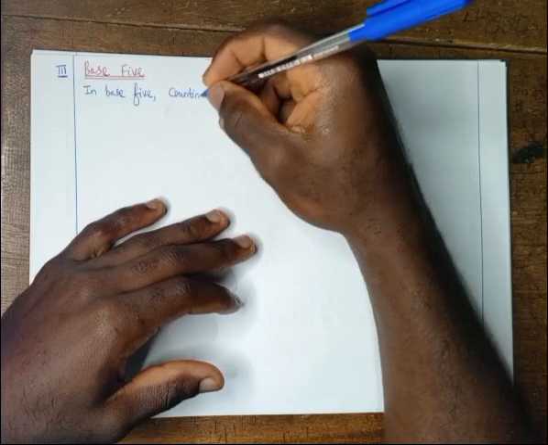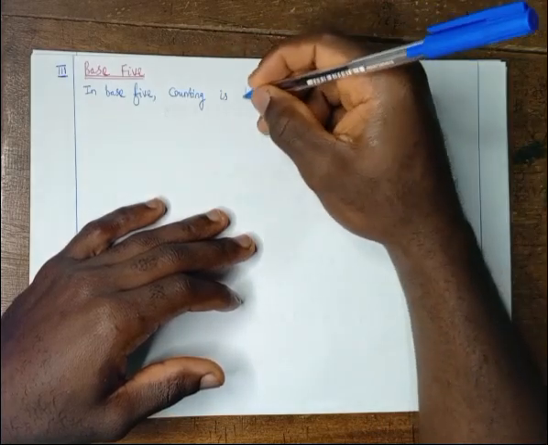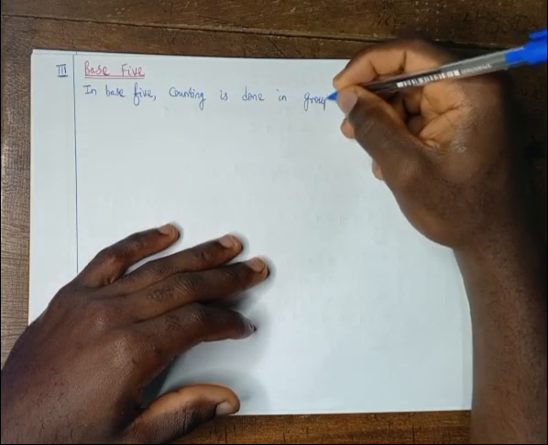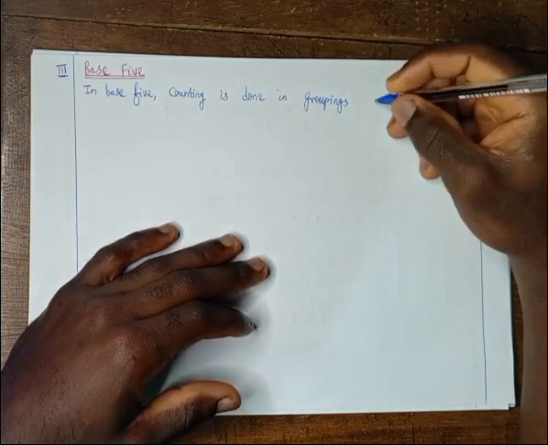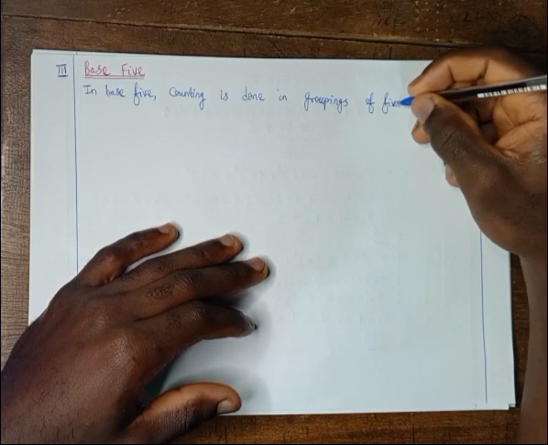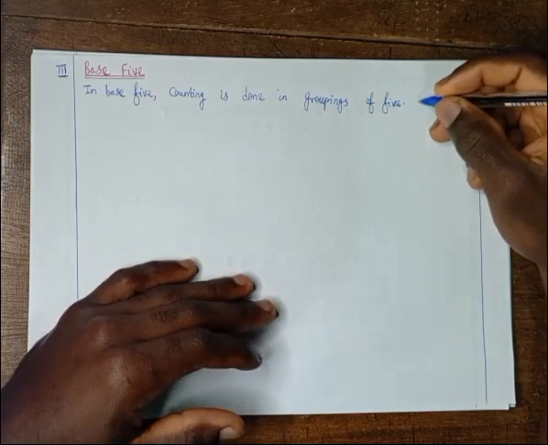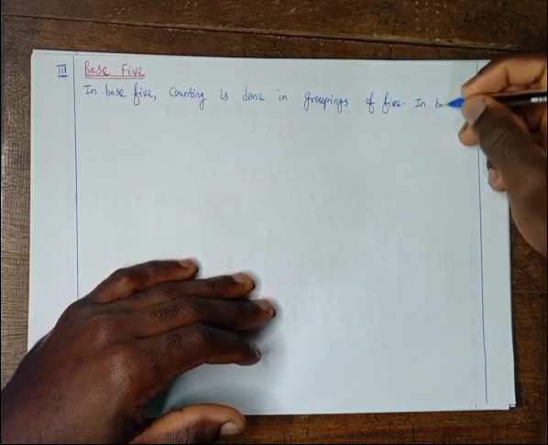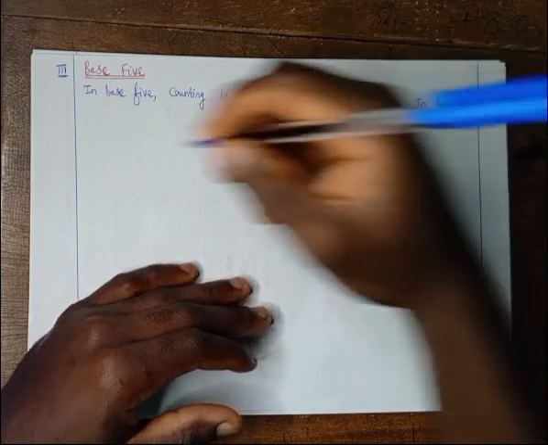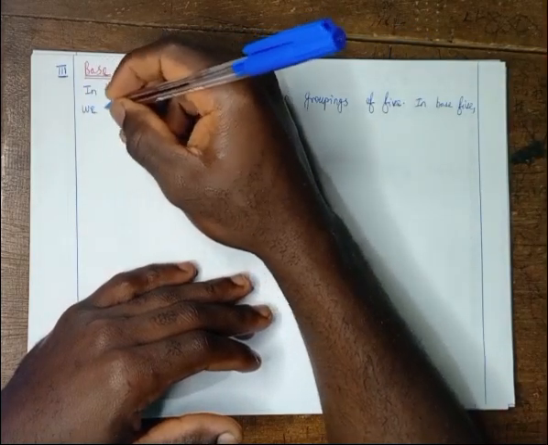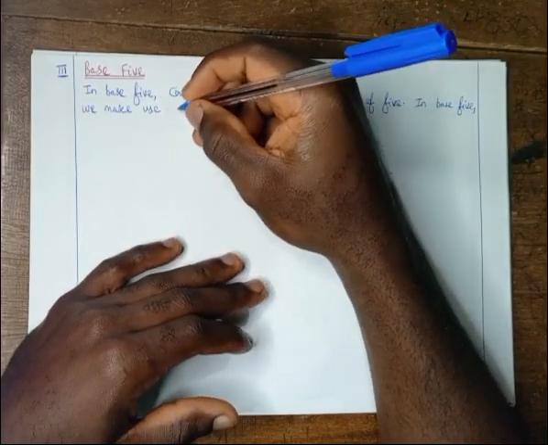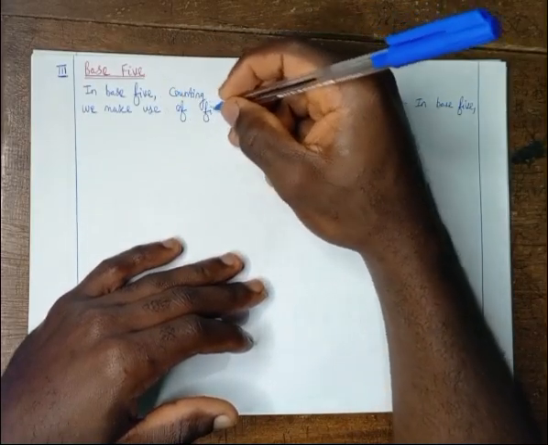Counting is done in groupings of 5. In base 5, we make use of 5 digits.